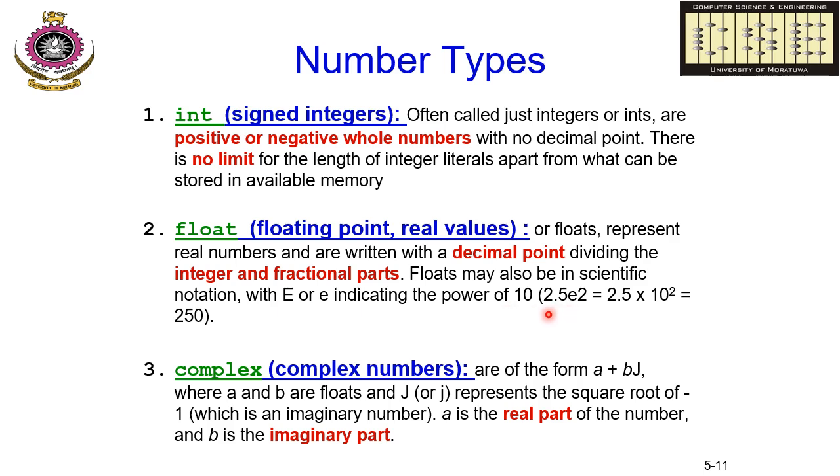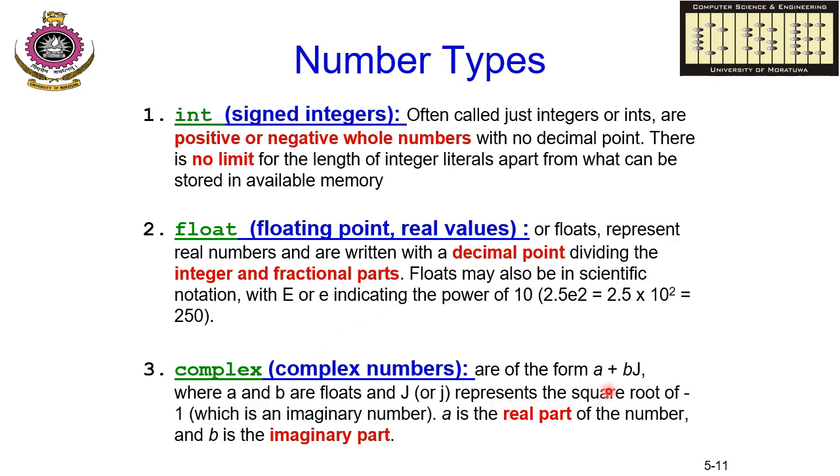If you see something like 2.5E2 as the output, that means 2.5 times 10 to the power 2, which is equal to 250. It is possible that you will see this kind of output sometimes. If you see that, that is a floating point number. We have to do the 10 to the power calculation to get the number. And then the third one is complex numbers.